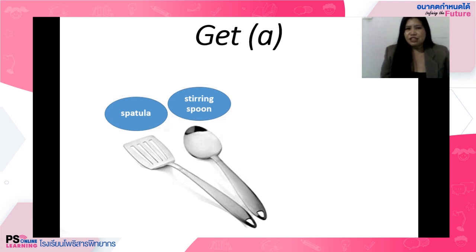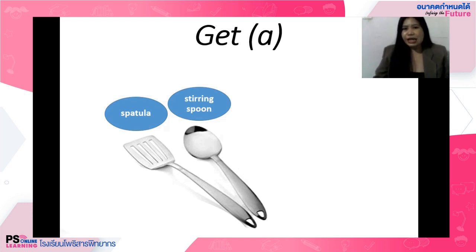Get a stirring spoon. There are many things that you can use, but these two are the most common. Spatula when you are frying something or sauteing something, and stirring spoon or spoon when you are mixing. Get a spatula or get a stirring spoon.